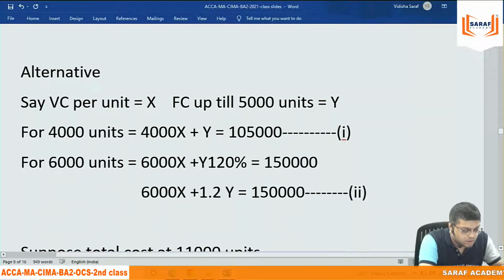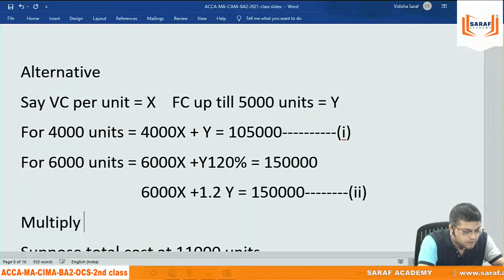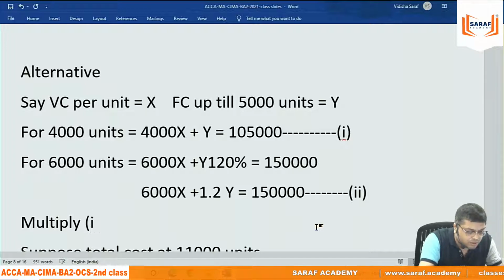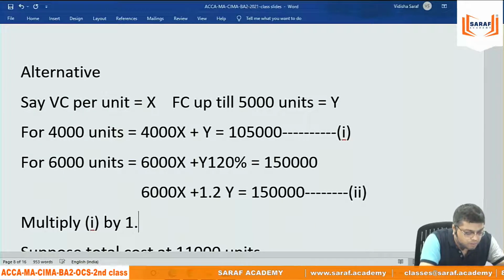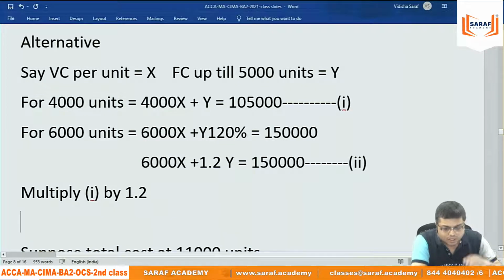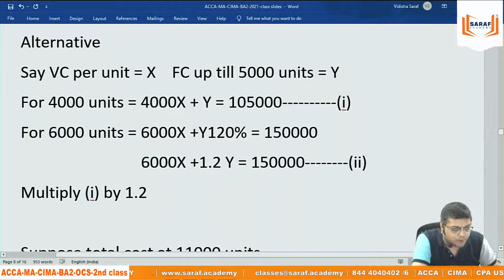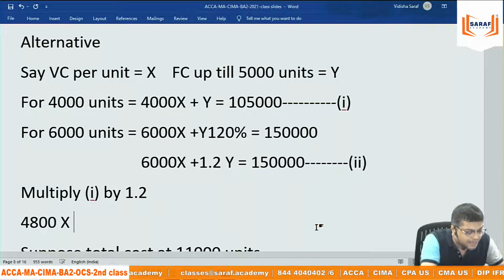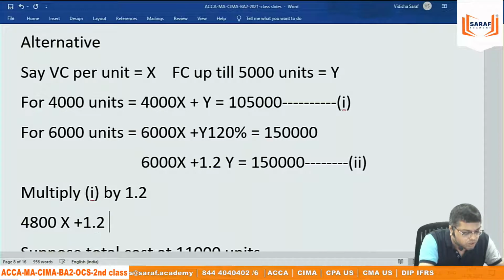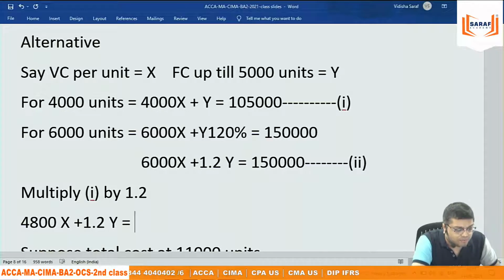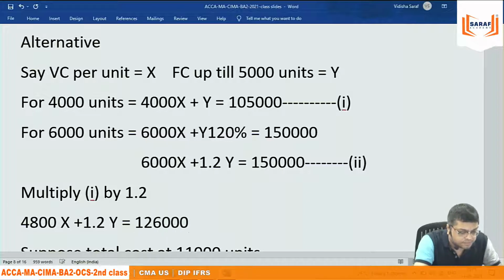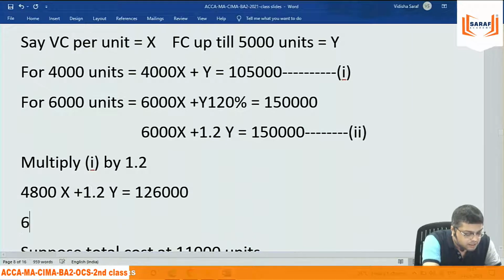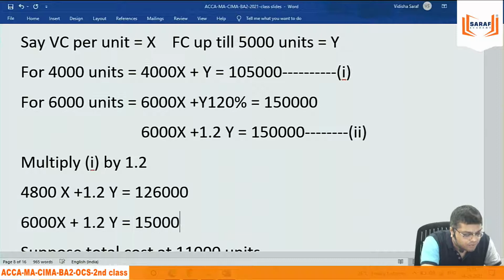Now multiply the first by 1.2 to make the Y equal, so that I can cancel 1.2 Y. 4,000 into 1.2, 4,800 X plus 1.2 Y equals 1,05,000 into 1.2, which is 1,05,000 plus 21,000, 1,26,000. And the second is 6,000 X plus 1.2 Y equals 1,50,000.